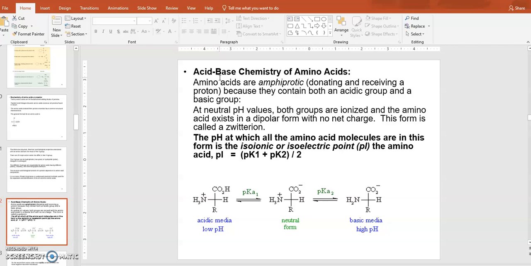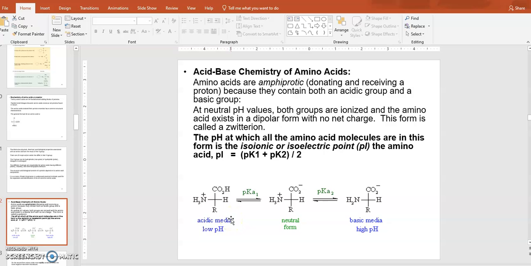Okay, so if your amino acid is presented to a different environment, your amino acid could be charged differently. Let's say whatever this amino acid is, the R group is hidden, we don't know what it is, but it is presented in a surrounding environment that is pretty acidic. Acidic means what? Its environment has a lot of hydrogen ions, right?